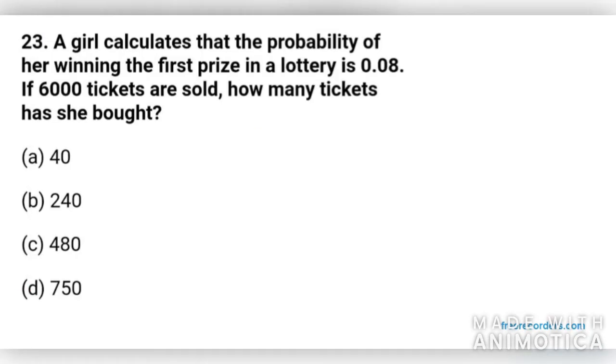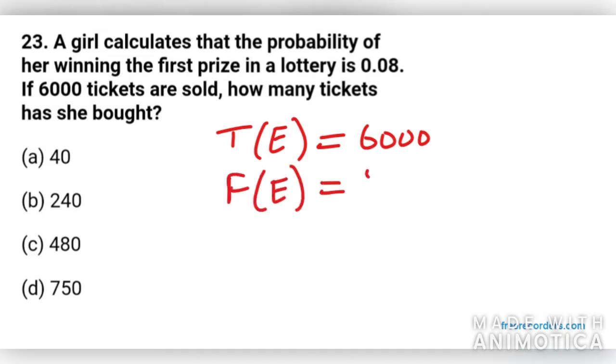It says that a girl calculates that the probability of her winning the first prize in a lottery is 0.08. If 6,000 tickets are sold, how many tickets has she bought? In this case, total outcomes are 6,000 and FE is unknown to us. Probability is 0.08.